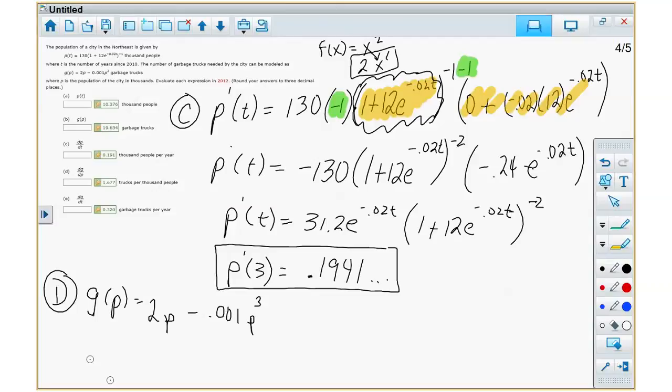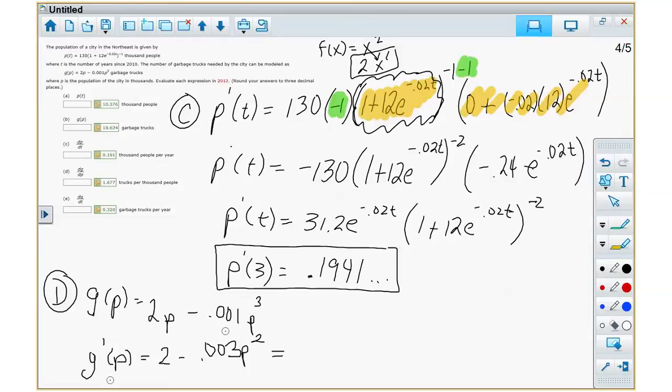So that's going to be G prime of P is equal to 2 minus 0.003 P squared. And now plug and chug. You're going to plug that 0.1941 in here, because this is prime.